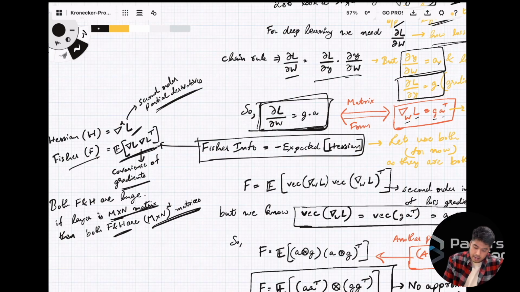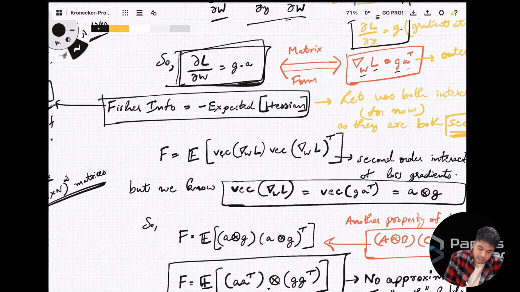Now, we'll use the vectorized version because that's what we always use in deep learning, because vectorized versions are much easier to manipulate with NumPy, parallelize, and use the GPU efficiently. Basically tensor operations, right? So the Fisher information matrix is the expectation of the gradient of loss multiplied by the transpose of the gradient of loss.